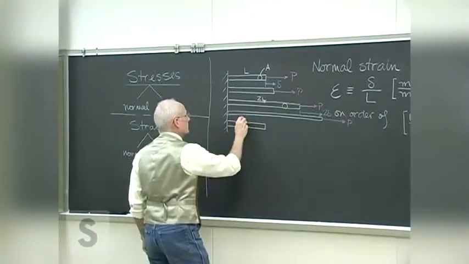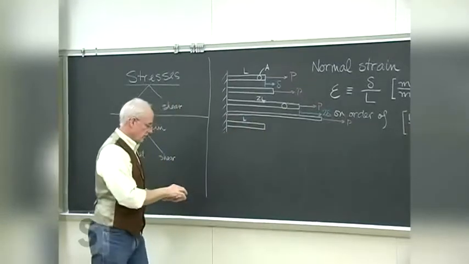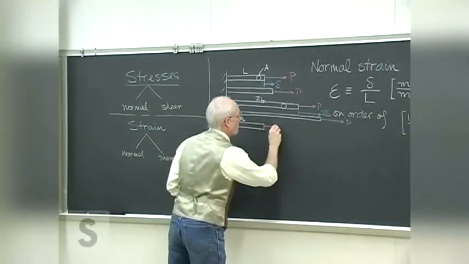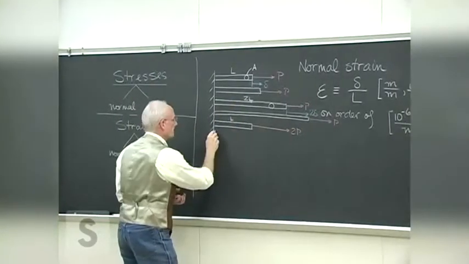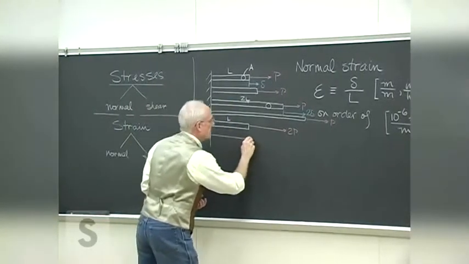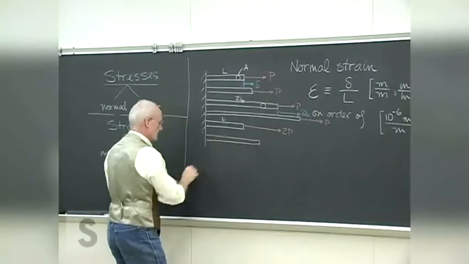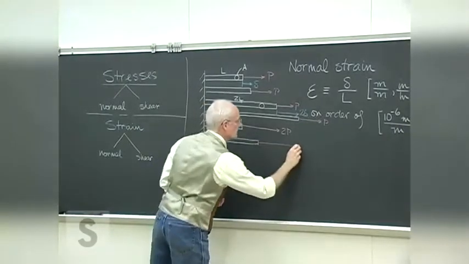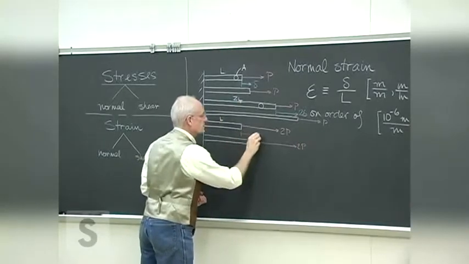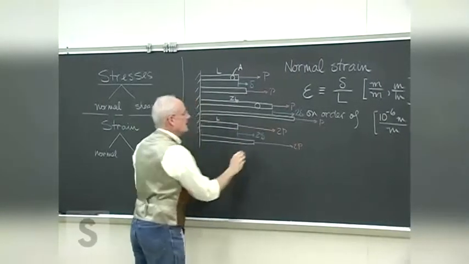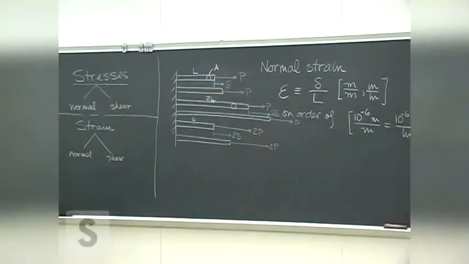If we have, back to the original length now, twice the load, we can expect twice the deformation compared to that original picture. So we have those possibilities plus any other combinations thereof.